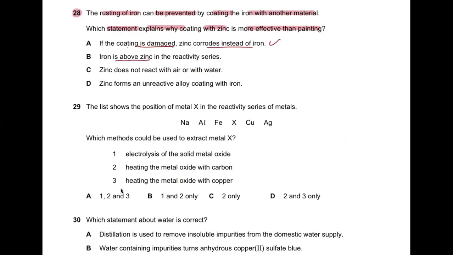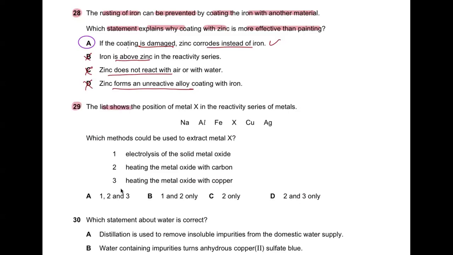Iron is above zinc in the reactivity series, wrong. Zinc does not react with air, wrong. Zinc forms an unreactive alloy coating, that is also wrong. So A is the correct answer. That is why zinc is more effective than painting, because if the layer is damaged, zinc still corrodes.